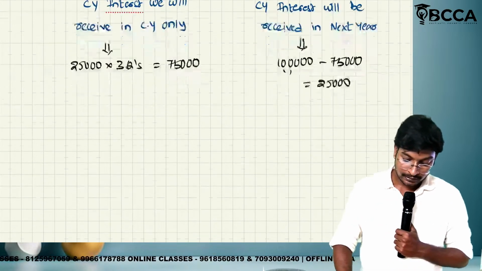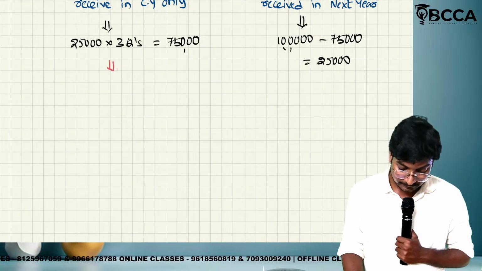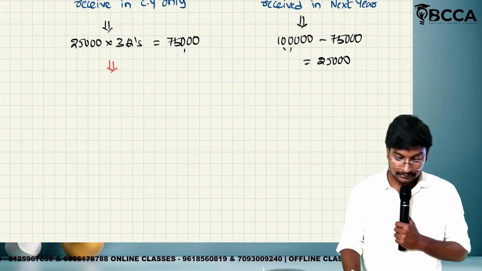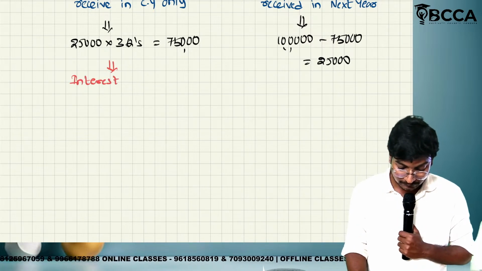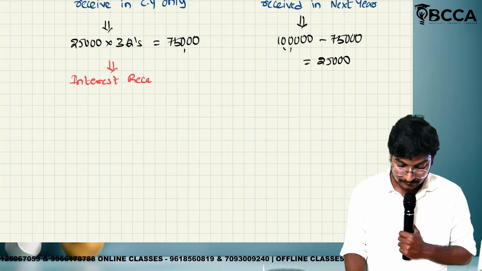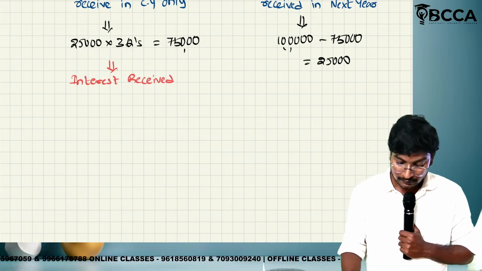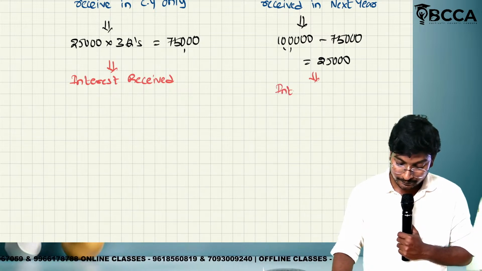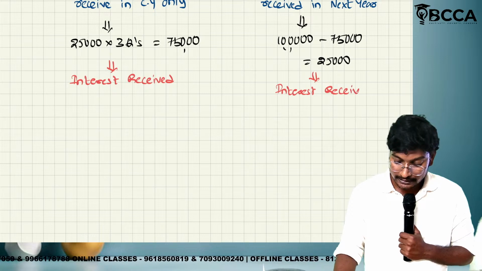So this 75,000 is called interest received or receivable? Interest received. And this 25,000 is called interest receivable.